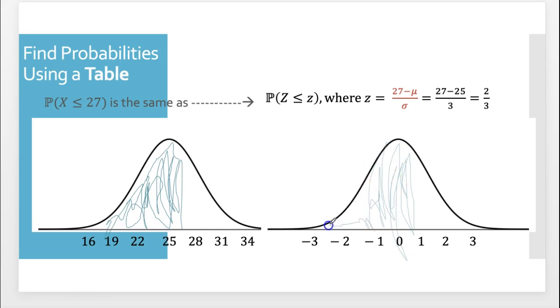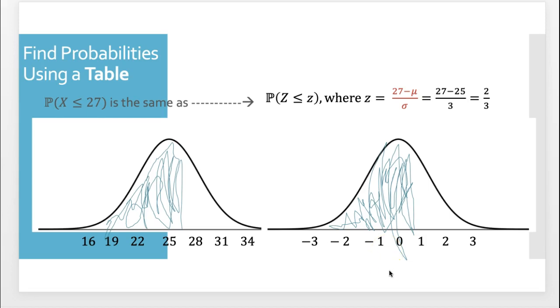The reason we do this is that on your table, these are called the standard normal. Notice this normal distribution here is centered around 0 with standard deviation 1, and so your table is called a standard normal table.